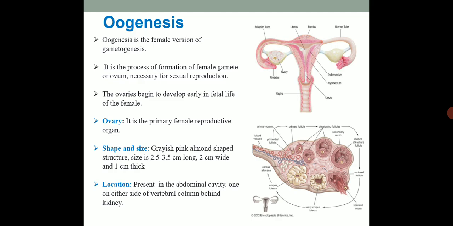The ovary is a primary female reproductive organ. It is a greyish pink almond shaped structure which measures about 2.5 to 3.5 centimeter long, 2 centimeter wide and 2 centimeter thick. Coming to the location, it is present in the abdominal cavity, one on either side of the vertebral column, behind the kidney.